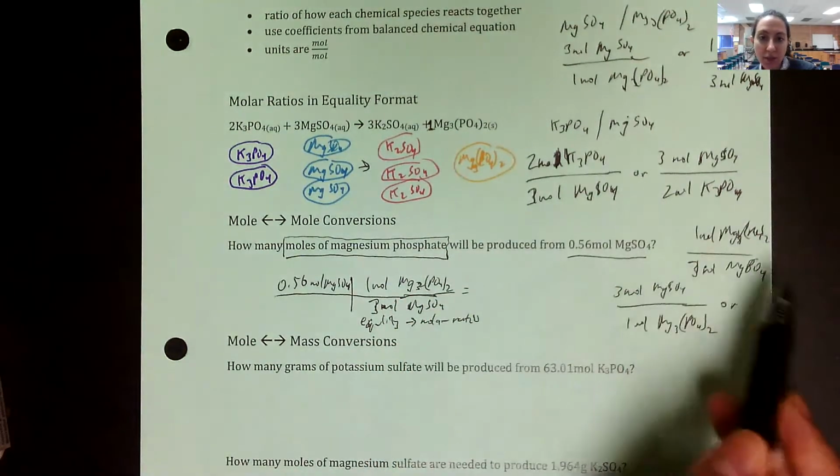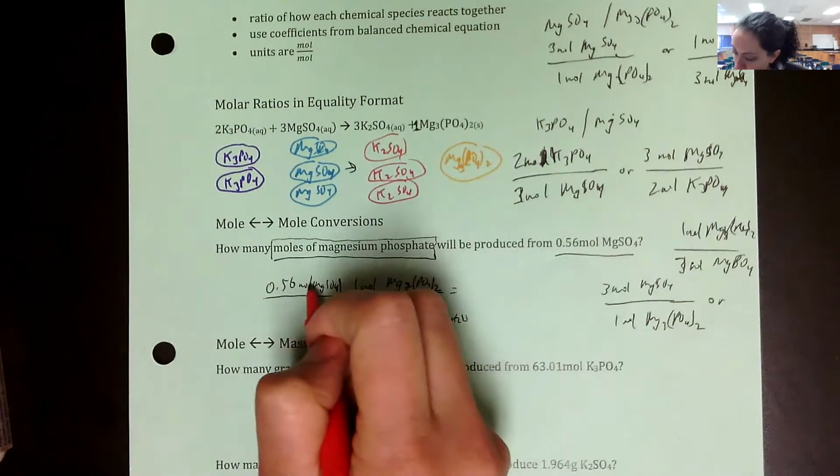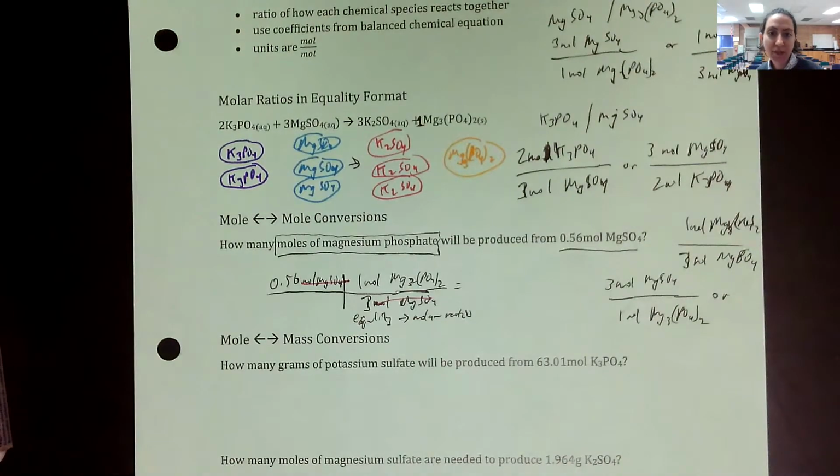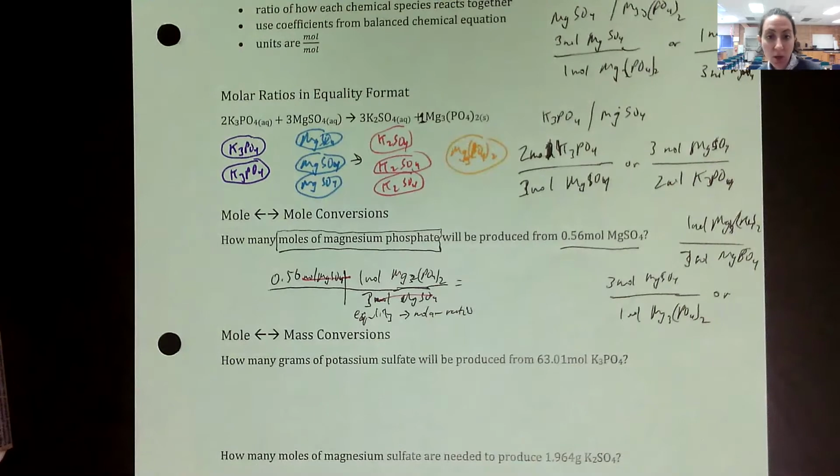So I basically just took this equality and dropped it right in. Taking a look at this, my moles of magnesium sulfate are going to cancel out, and I'll just be left with moles of magnesium phosphate, which is what I'm going for. In terms of math, this is going to be 0.56 times 1 divided by 3.